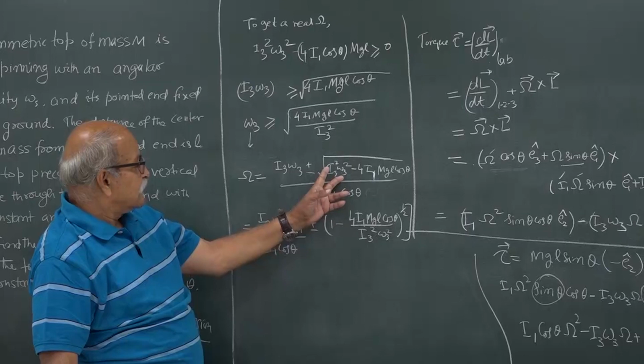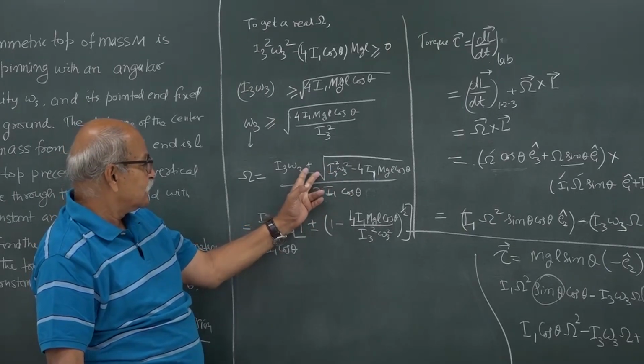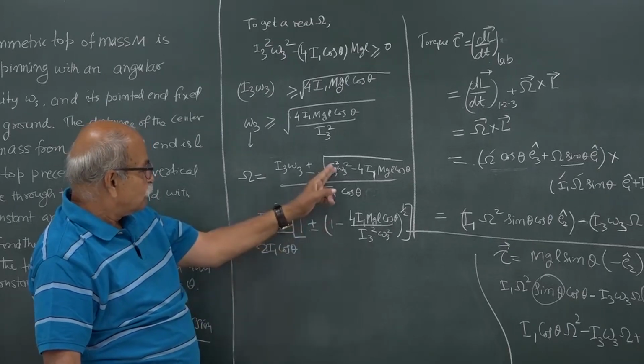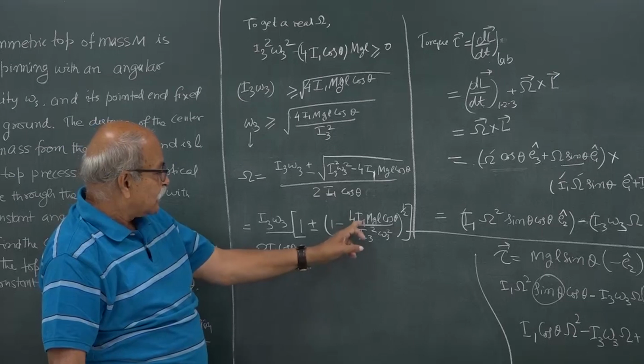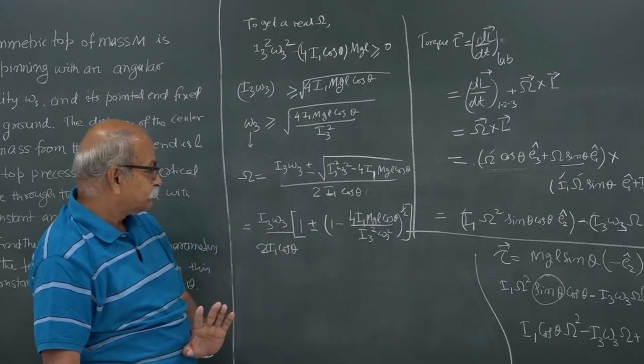So, I am taking this out, and when it comes out, it is I3 omega 3, and that goes here. So, 1 plus minus, and then 1 here, minus 4 I1 mgL cos theta divided by I3 square omega 3 square.